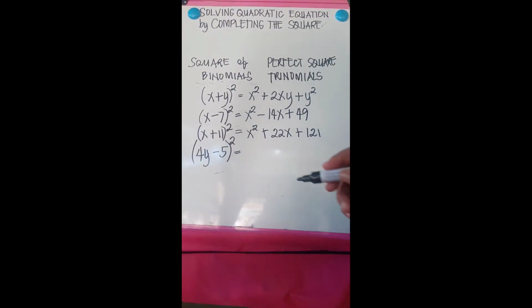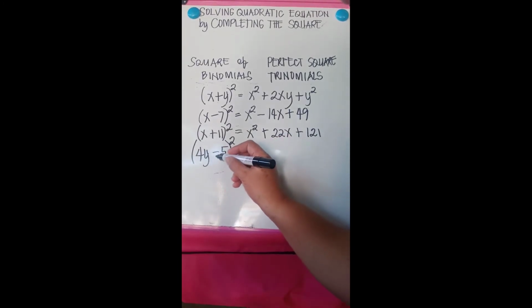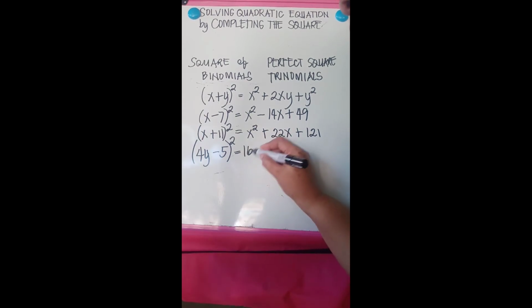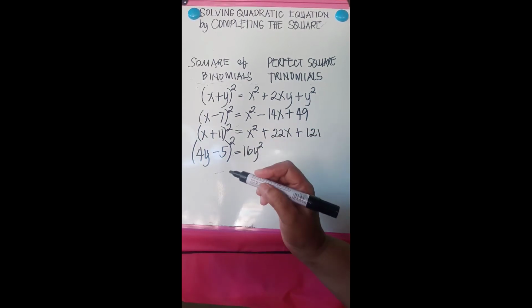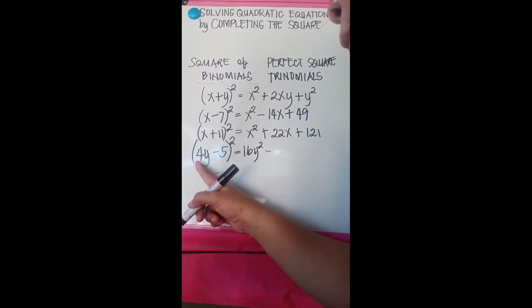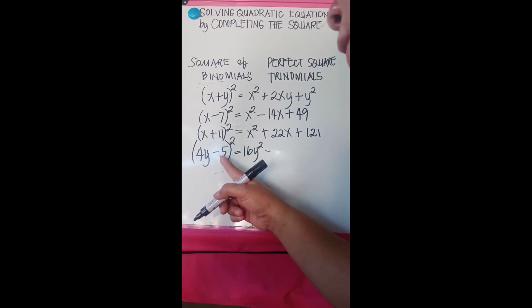Okay, the next or the last square of binomial, we have 4y minus 5. So, square of 4y is 16y squared. Then, minus, so 4 times 5 is 20. No? 4y multiplied by negative 5 is negative 20.